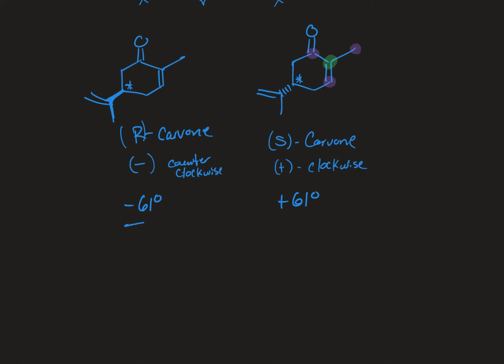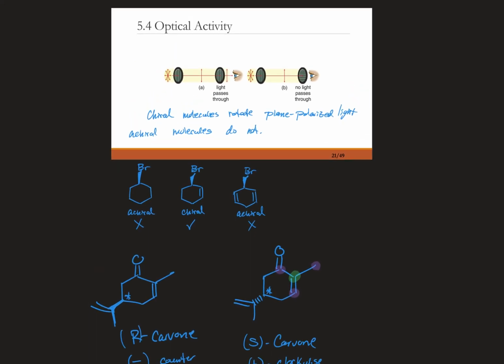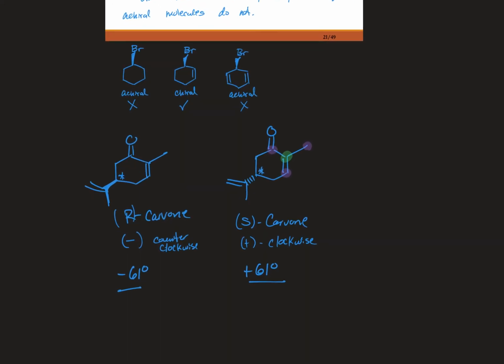So they have the same magnitude, the same amount of change in the angles, but in opposite directions. All right. So that's always going to be true for enantiomers. As long as their concentrations are the same and their path lengths are measured the same and temperature and all that stuff are kept constant, then we get the same angle of rotation but in opposite directions.